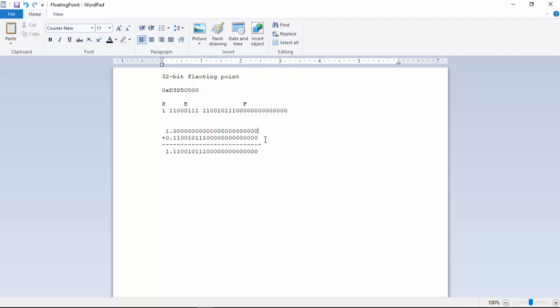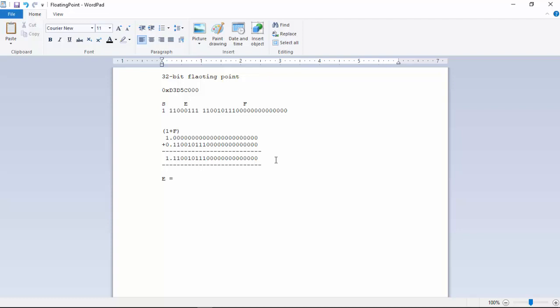So that's what is meant by your 1 plus f. This fraction bit pattern is assumed to be 0 dot some fraction, and we always assume there is a 1 on top of that to make it a normalized representation. So this is my fraction, and then how about the exponent?